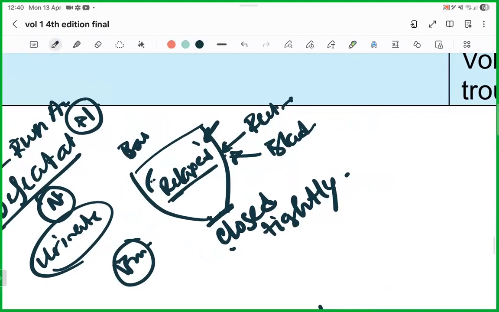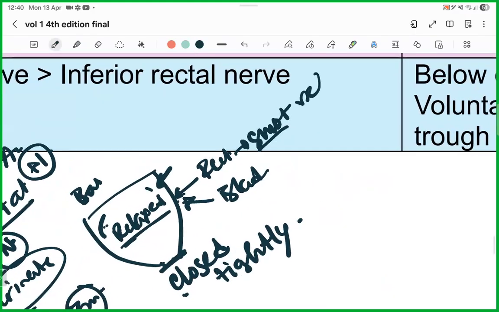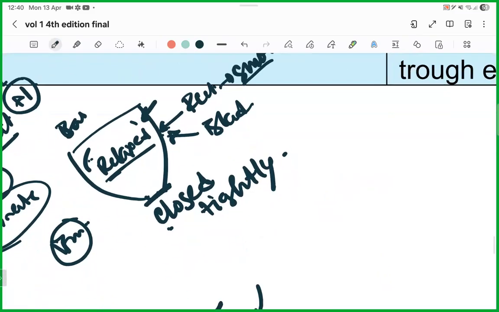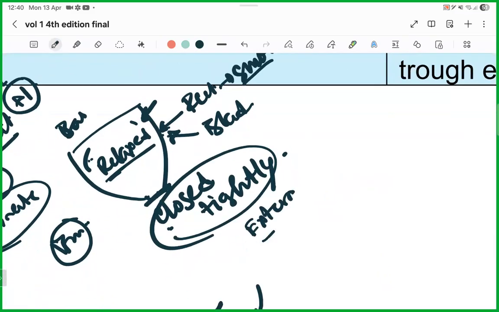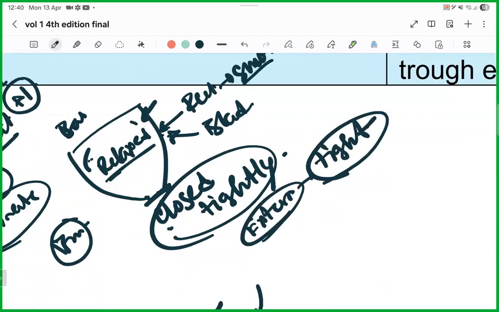So in case of rectum, smooth muscle will relax and the external sphincter will be tightly closed.